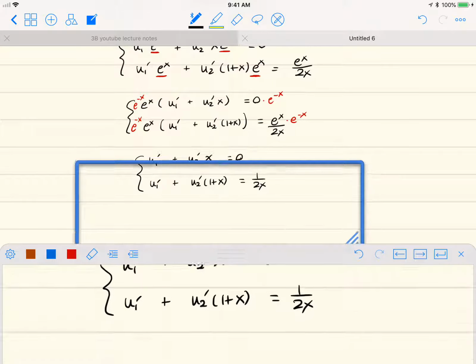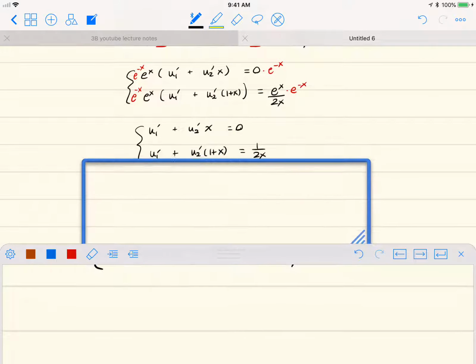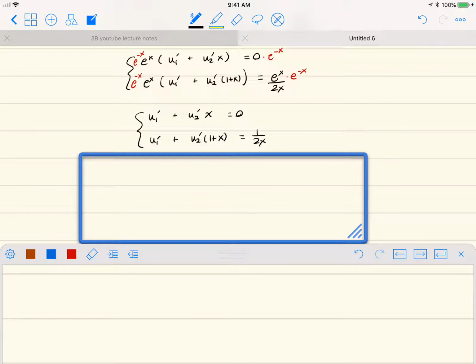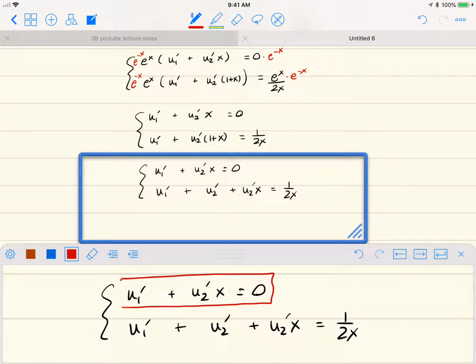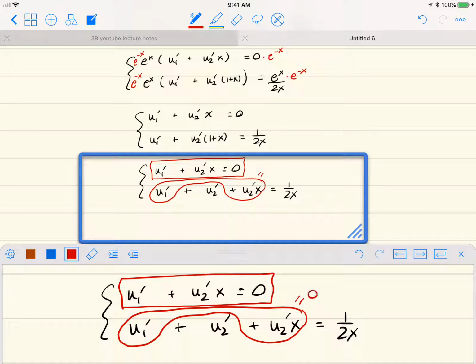Now, if I distribute the second equation, I'll see that really what I have is u1 prime plus u2 prime x equals 0, and u1 prime plus u2 prime plus u2 prime x equals 1 over 2x. From here, I know that u1 prime plus u2 prime x is equal to 0, so this u2 prime x plus u1 prime has to be equal to 0.